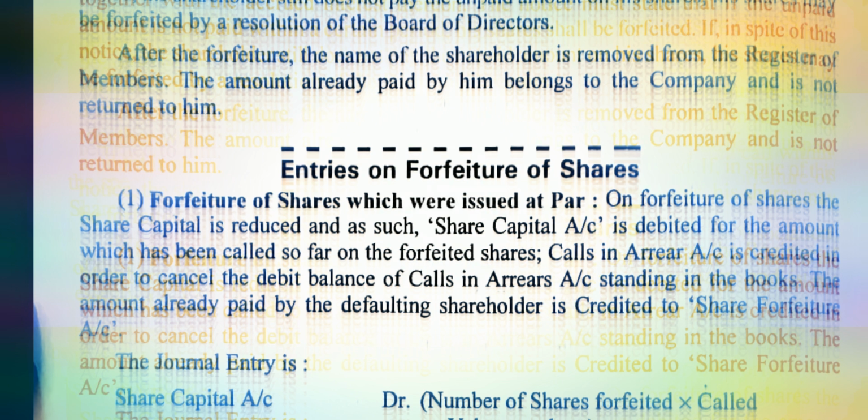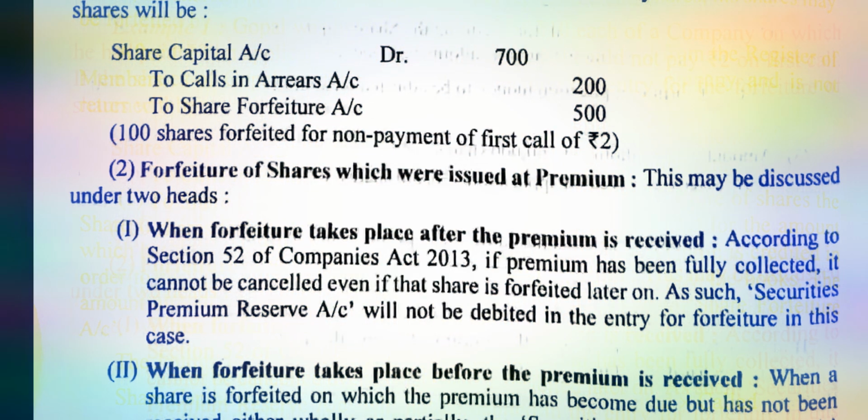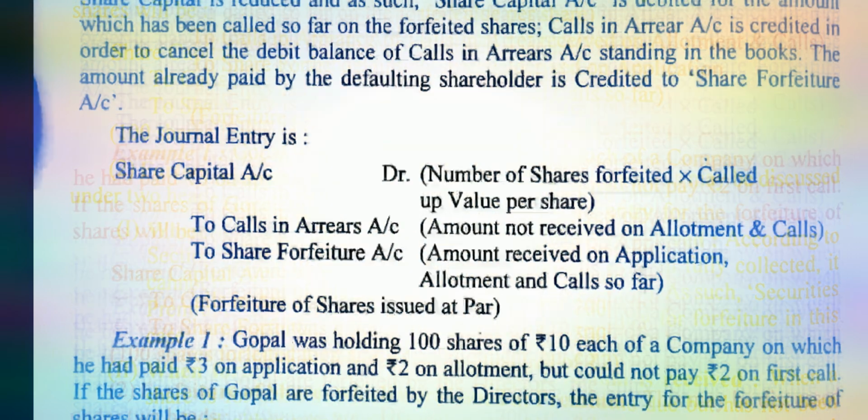First, the entry on forfeiture of shares can be made of those shares which were issued at par, and the second, it may be of those shares which were issued at premium. So that depends on the question, which condition is given in that.